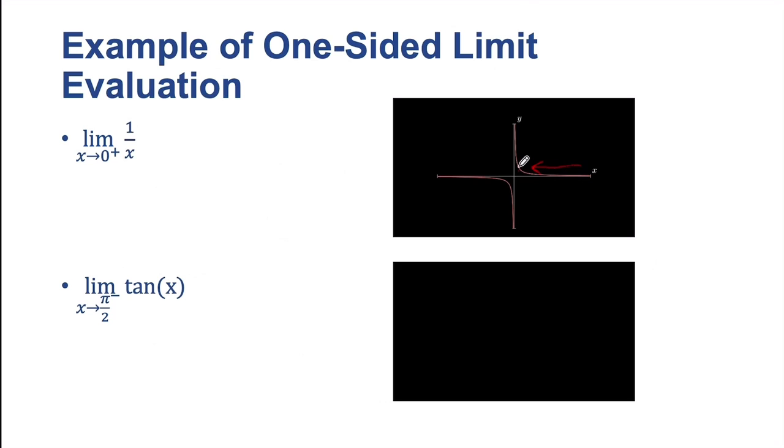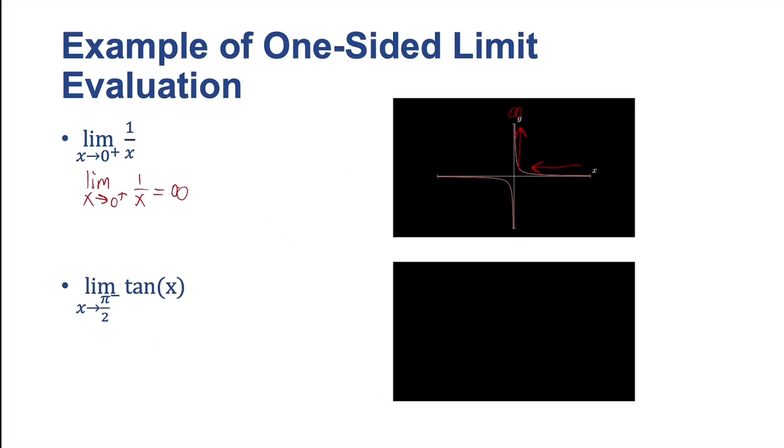Our function is going up, because we're on the positive side of 0. So that means that we are going up to positive infinity. We can say that the limit as x approaches 0 from the positive side of 1 over x is equal to infinity.